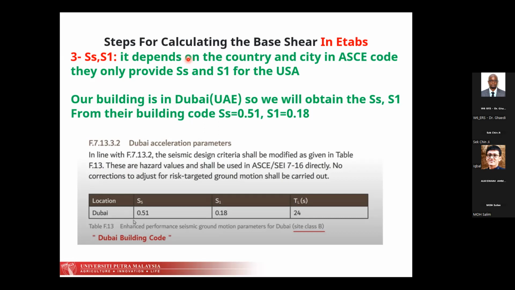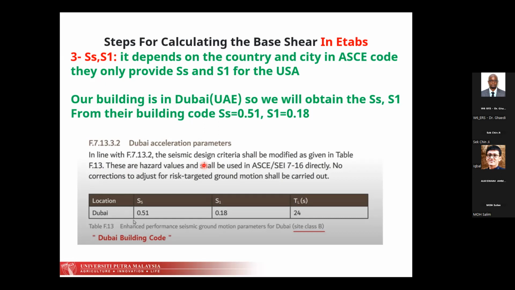We call it the 2-point design spectrum acceleration curve, which is based on SS and S1. In ASCE 7-22, this 2-point design spectrum acceleration is no longer used, and the new design spectrum uses 22 points and is a smooth curve.